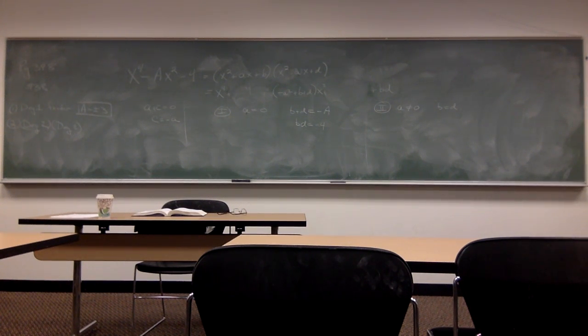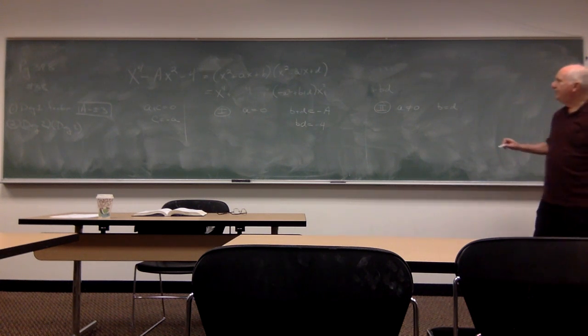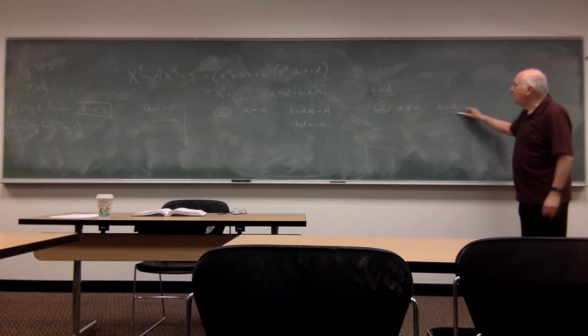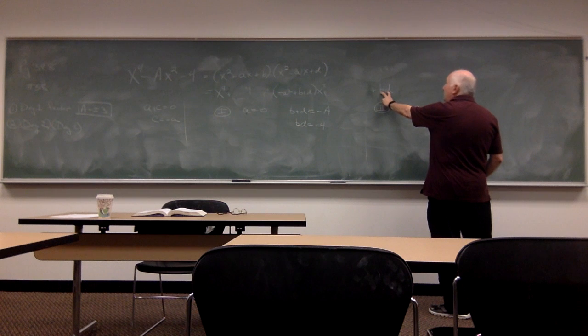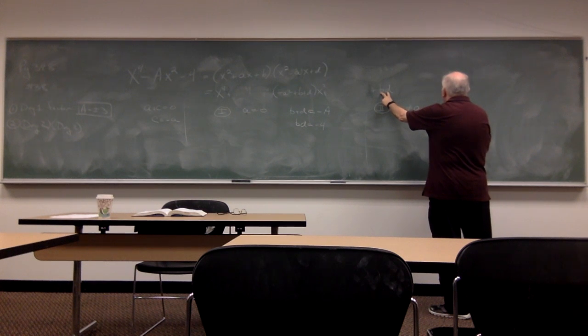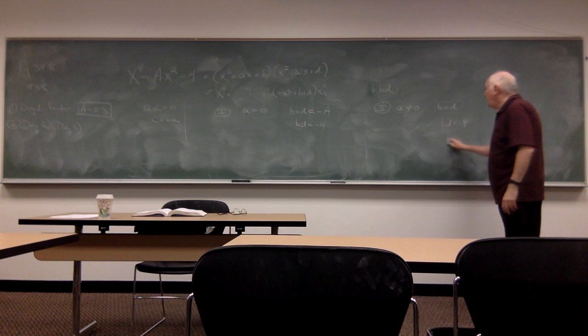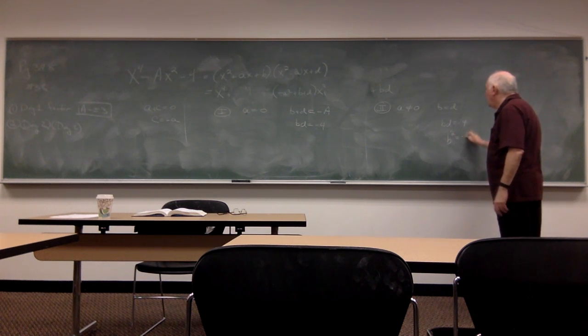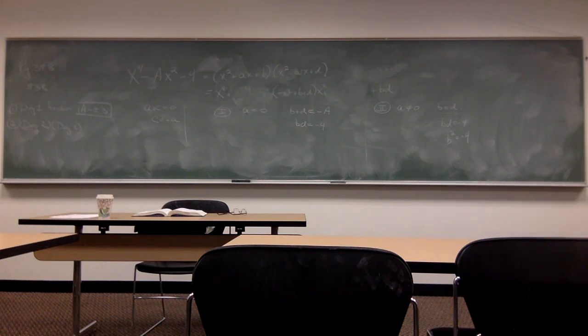In the case that a is not equal to 0, and b is equal to d, that makes life a lot easier, because if b is equal to d, this says that b times d is equal to negative 4, but if bd is equal to negative 4, and b is equal to d, that says b squared is equal to negative 4, but there's no way that the square of an integer can be negative 4.